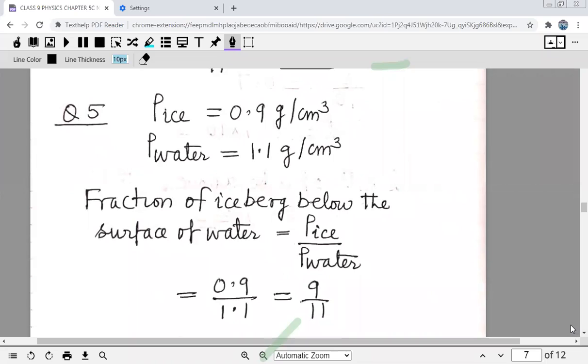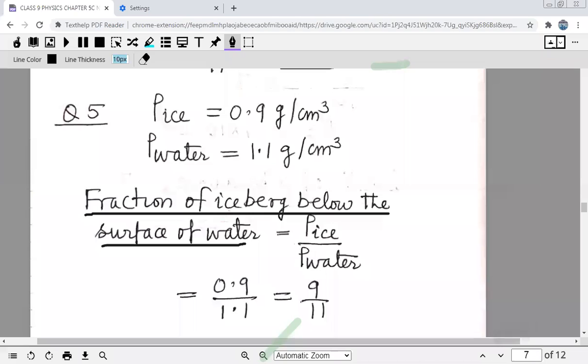If the density of ice is 0.9 gram per centimeter cube, what portion of an iceberg will remain below the surface of water? Density of seawater is given 1.1. So here also, fraction of iceberg below the surface of water will be equal to density of ice upon density of water.